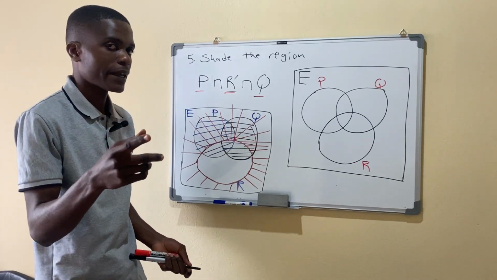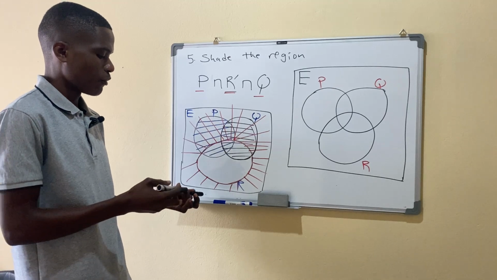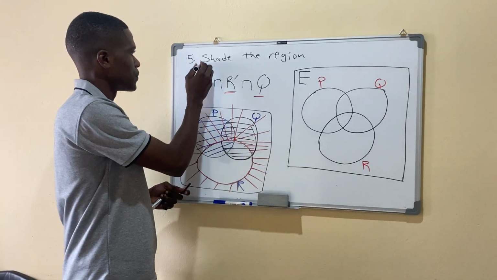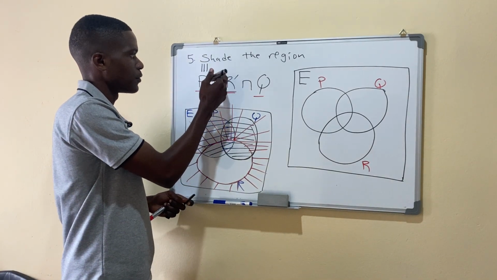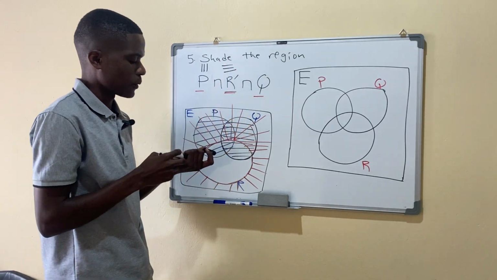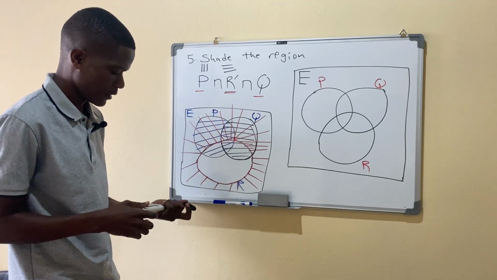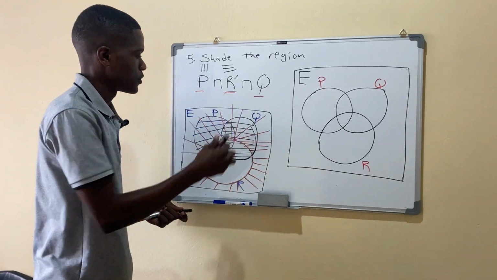Okay, some of you may be asking questions, what if I don't have many colors? Well, you may have a pen and a pencil with you, so you may decide to use, for example, you can say for P, I'm going to use the vertical lines. For R complement, I'll use the horizontal lines. And then for Q, I'll use a pencil. So where all the three types of lines are meeting, that is the intersection for all these three.